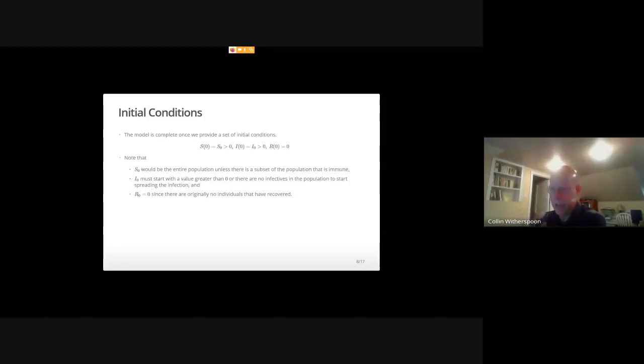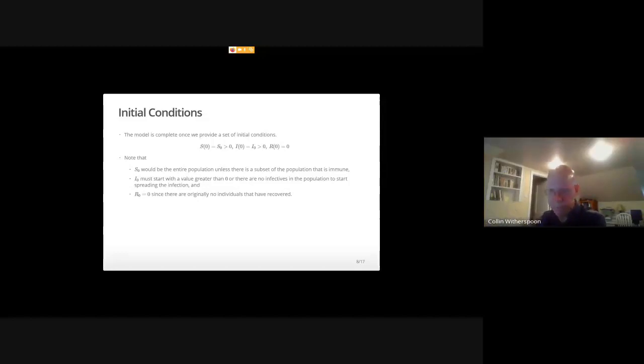So some notes on that, right? The initial susceptibles, S naught, would be the entire population unless there is a set of people that are immune already. They have immunity. Then you would have to set that S naught less than the full population, okay? I naught must start with a value greater than 0.